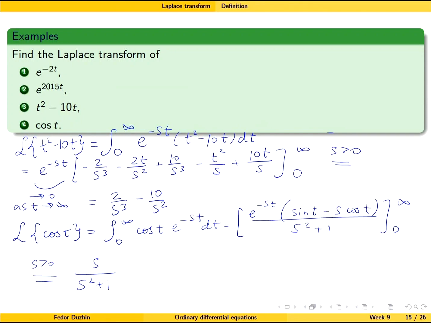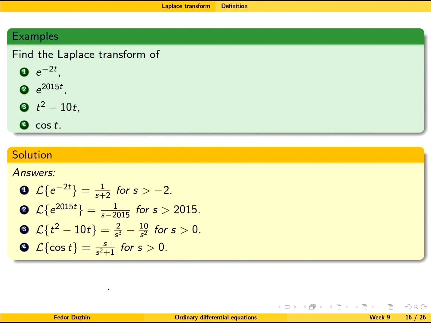So basically, the input of the Laplace transform is a function of t, and the output of the Laplace transform is another function of s. And the output is a completely different function. So if the input is an exponential function, then the output is 1 over s minus some number, a fraction.